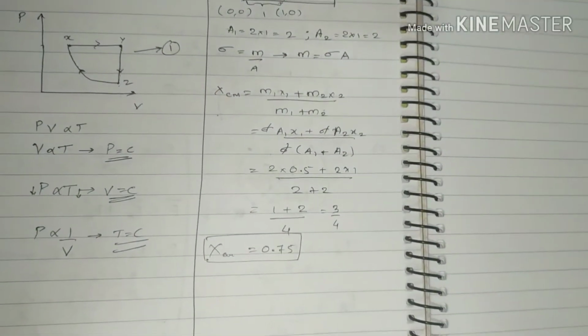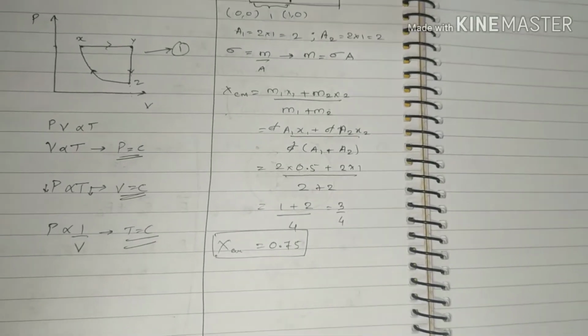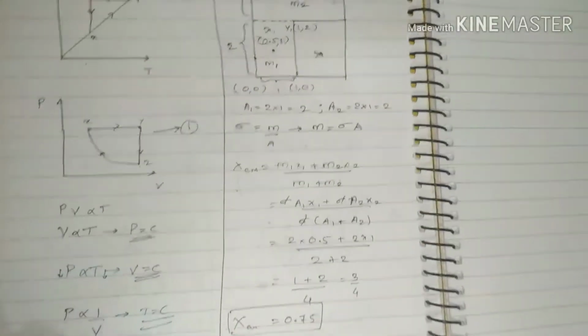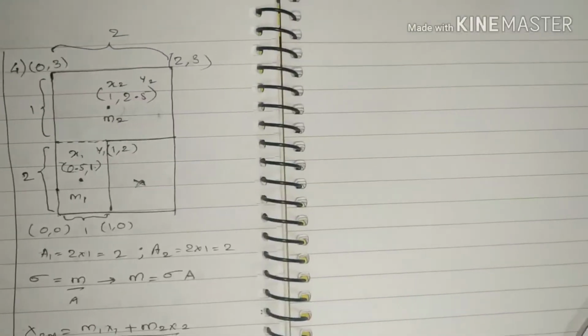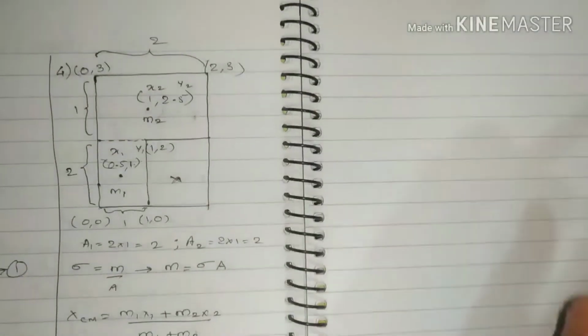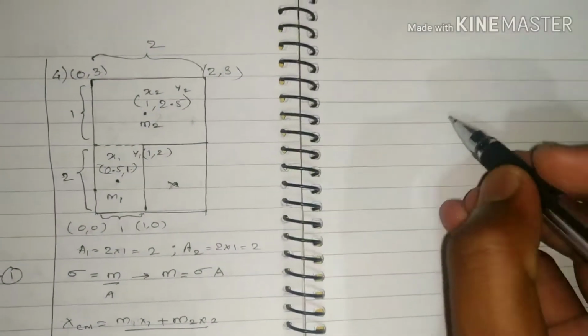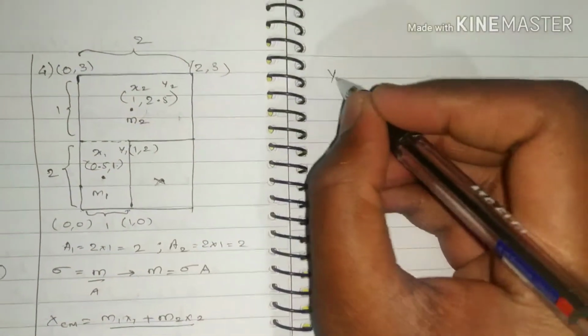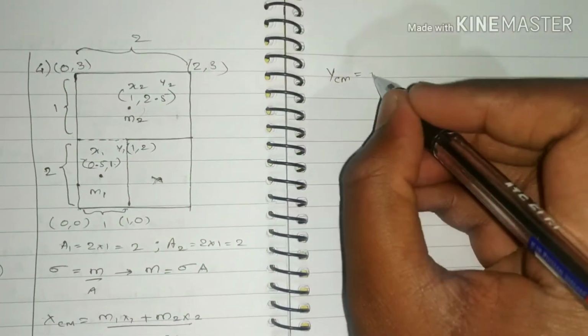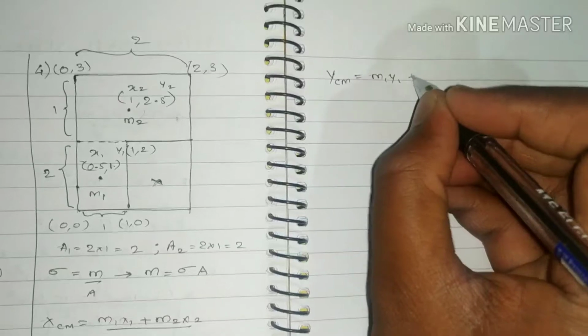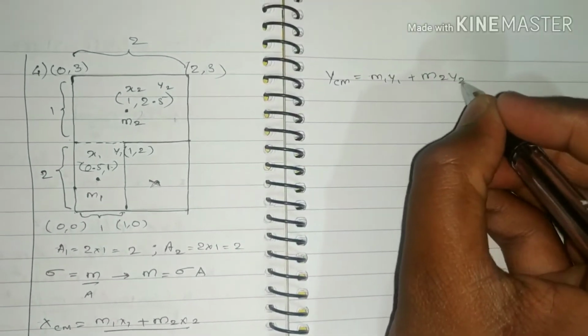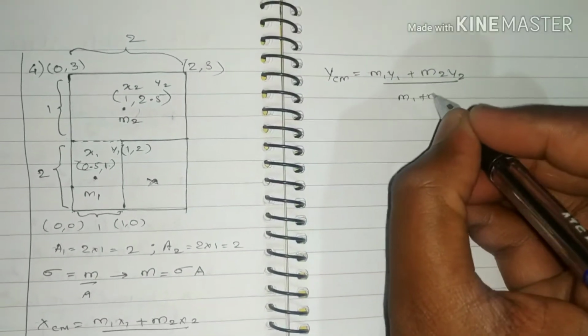After finding your x coordinate, the next job is to find your y coordinate. Now how to find your y coordinate? Again, same figure you have to consider. Considering same figure, I'll be finding the y coordinate. YCM will be equal to m1 y1 plus m2 y2 upon m1 plus m2.